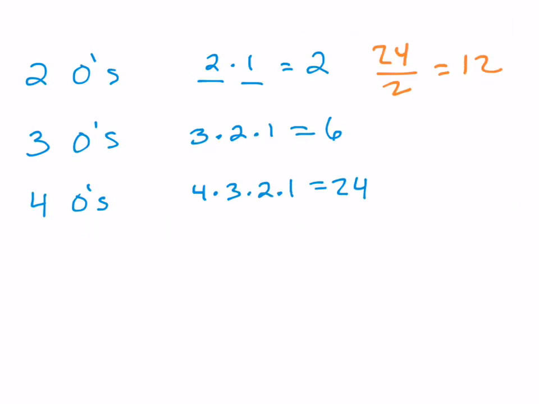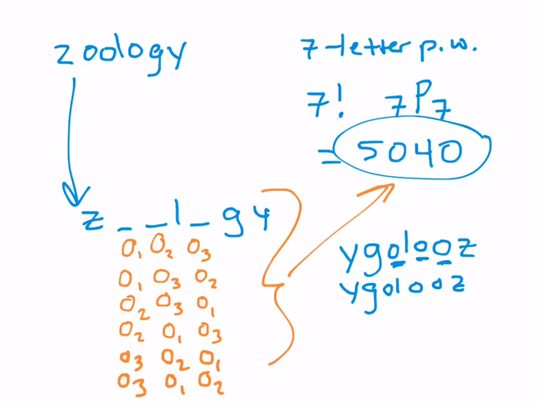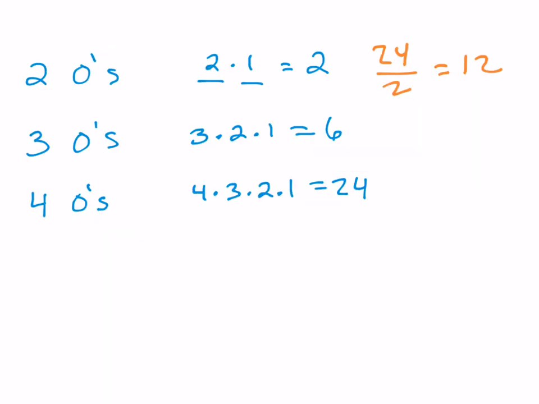So we've used this technique before of using division to get rid of things that we don't want to count. For the 3 O's, if we said 5,040 passwords, but now we want to only count the number of different passwords, we could divide by 6, since every one of those passwords would be in a group of 6 that all look the same and are just different by rearranging the O's.